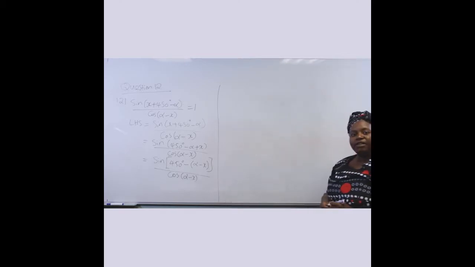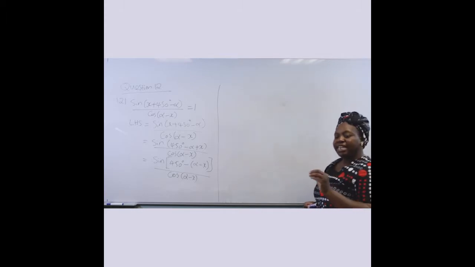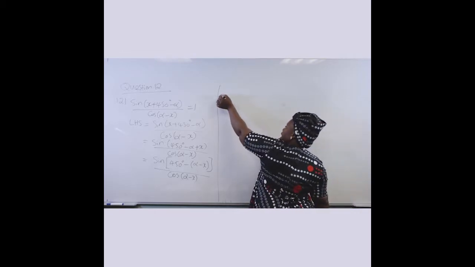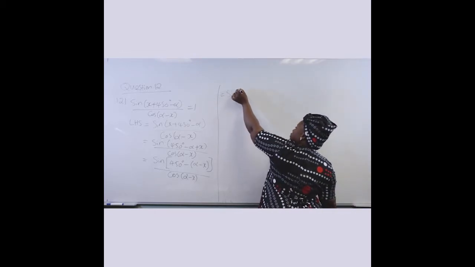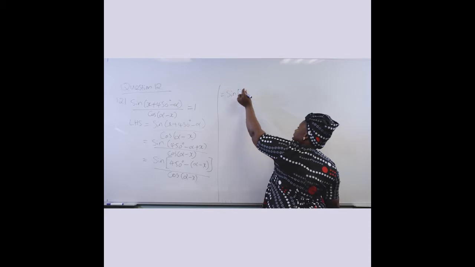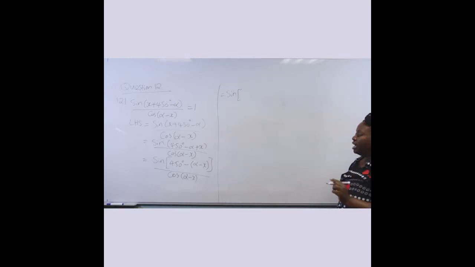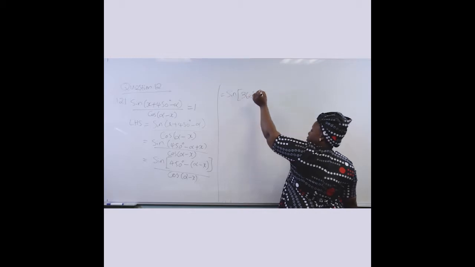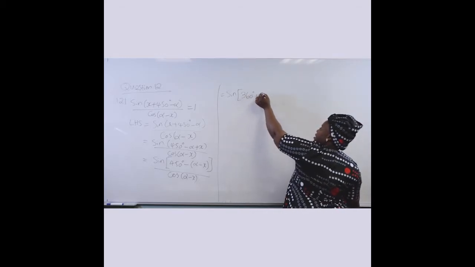Continuing, 450, how do we get it? We need to say 360 plus something. Remember, we don't have an angle that is just 450. We must reduce it from something. So we are going to have sine of two numbers that when we add them together give us 450. That one will be 360 plus 90.